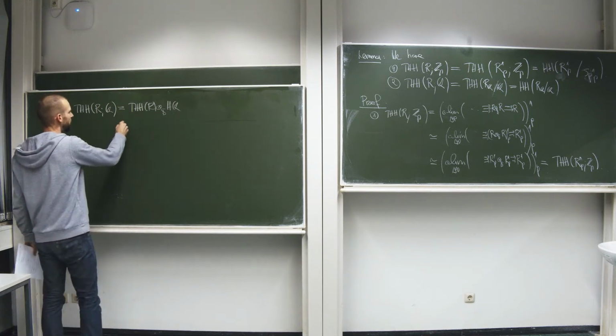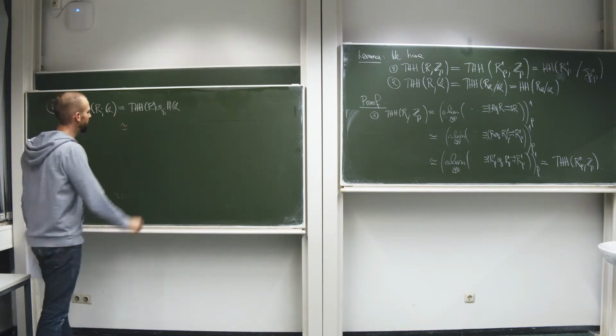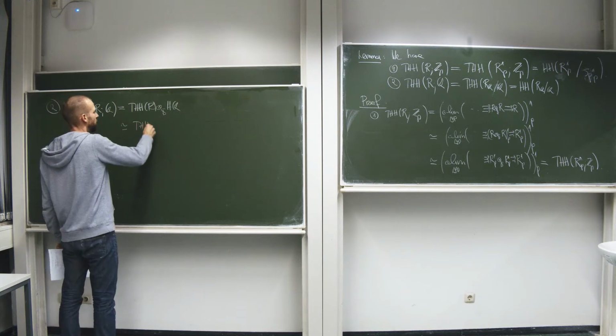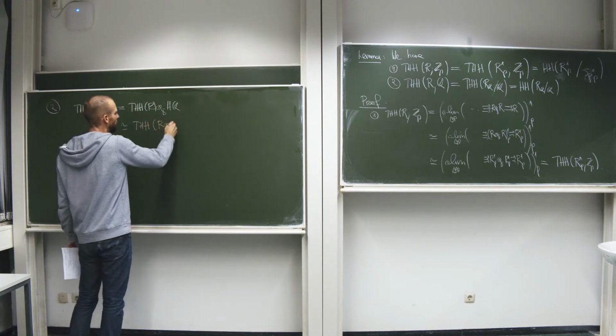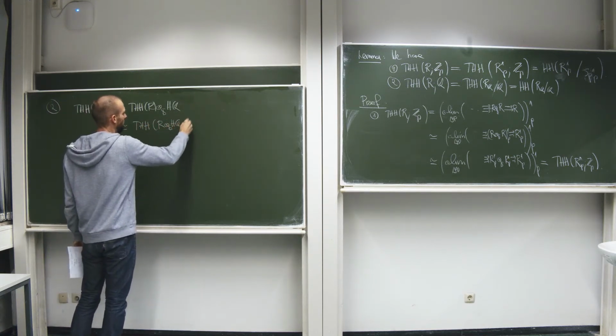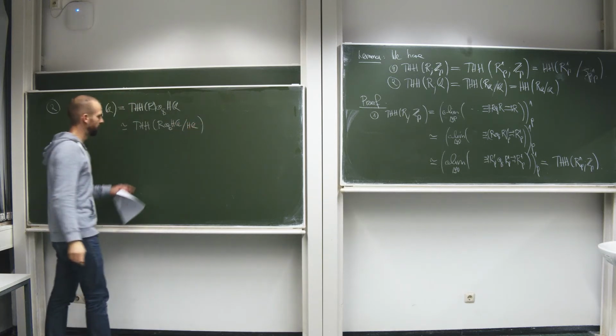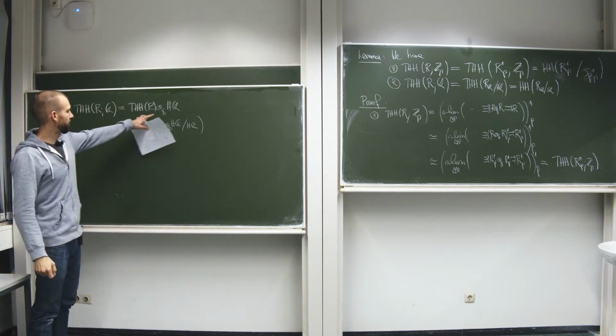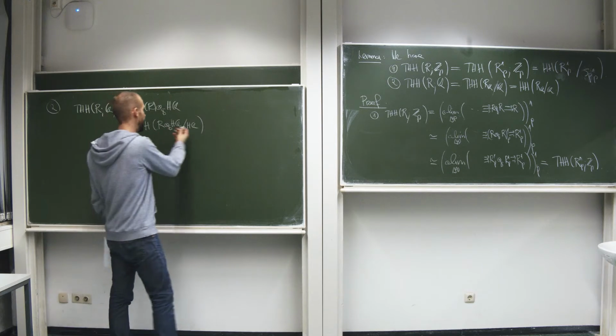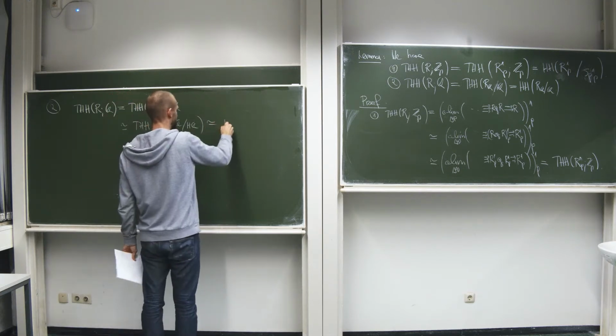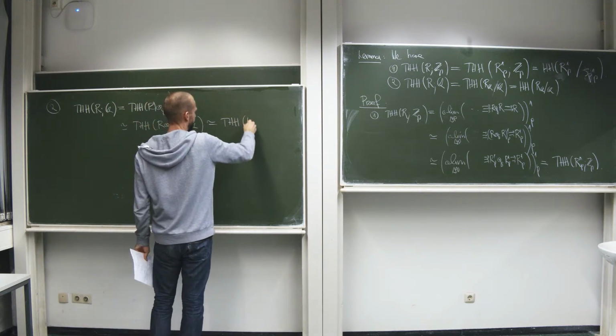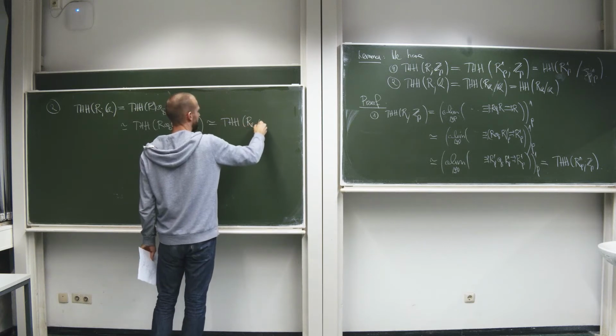But by the base change formula that we've proven in the previous lecture, this is the same as THH of R tensor the sphere HQ relative to HQ. And this term is, by definition, the rationalization.